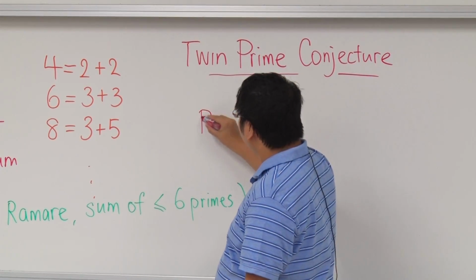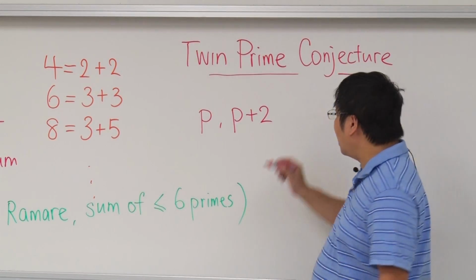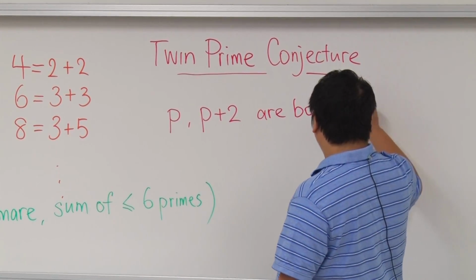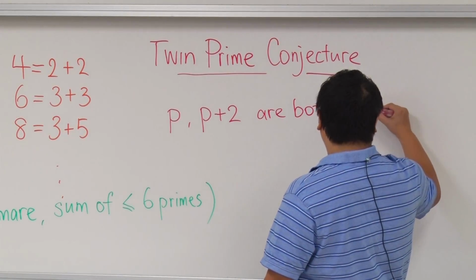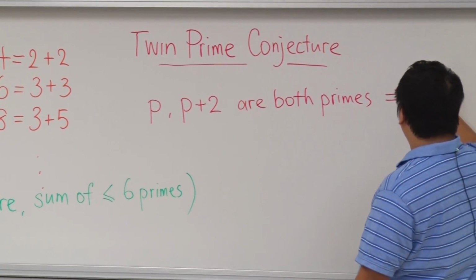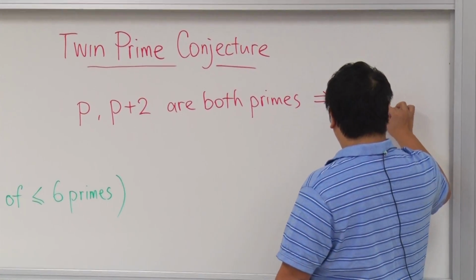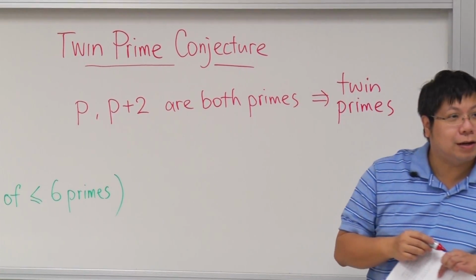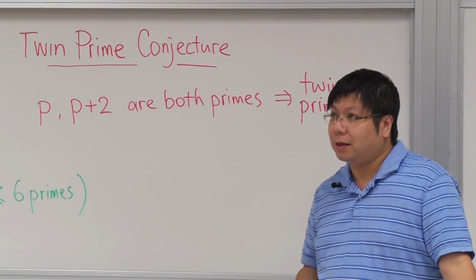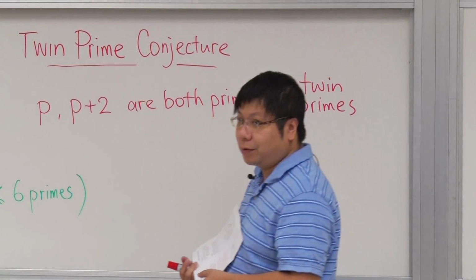If p and p plus 2, so these are 2 integers, are both primes, then we will call them twin primes. Is that okay? So for instance, 3 and 5, they are twin primes. They are a pair of twin primes. 5 and 7, they are another pair of twin primes.